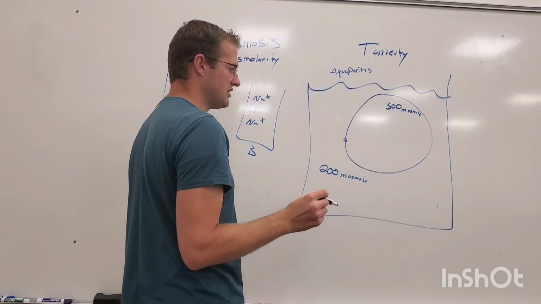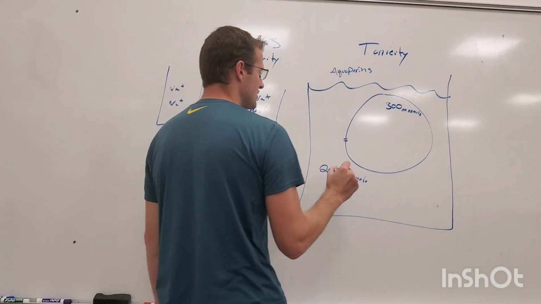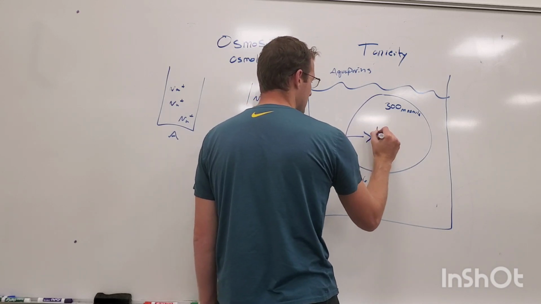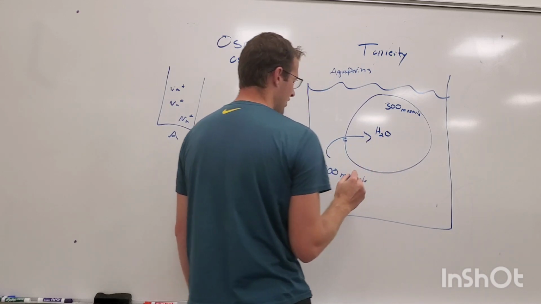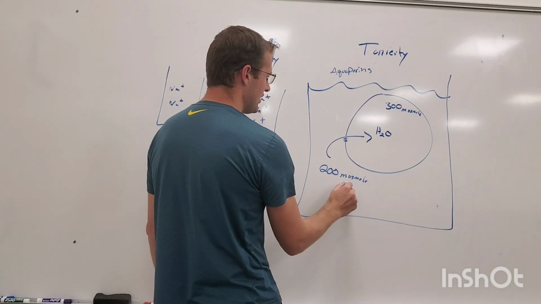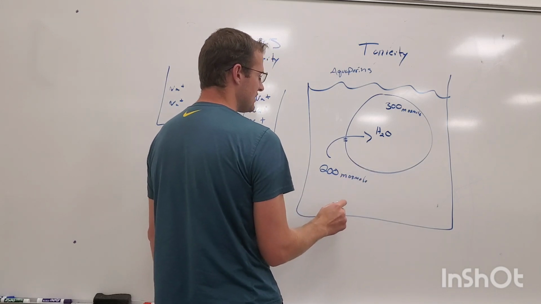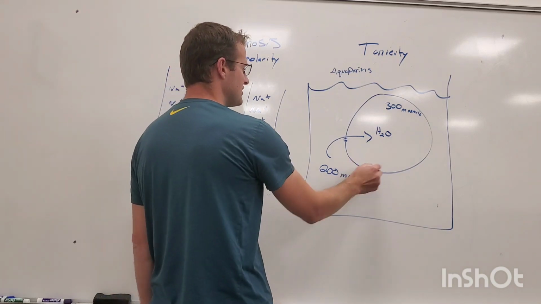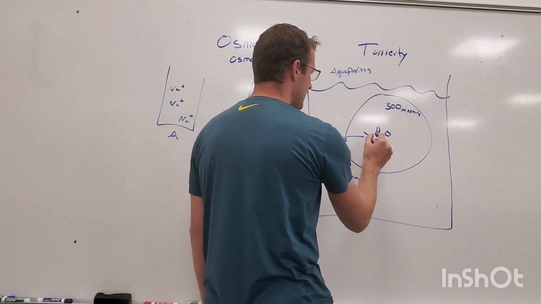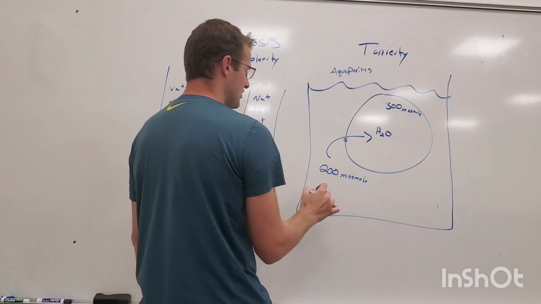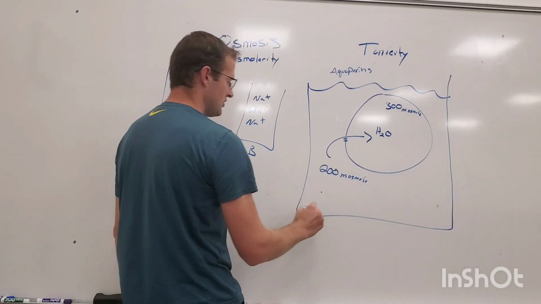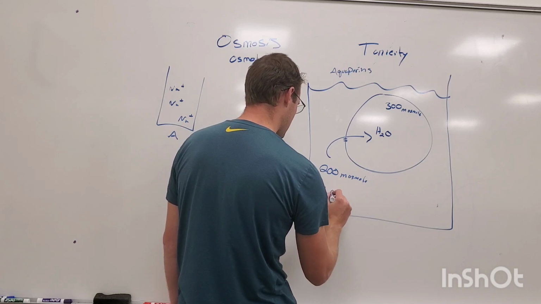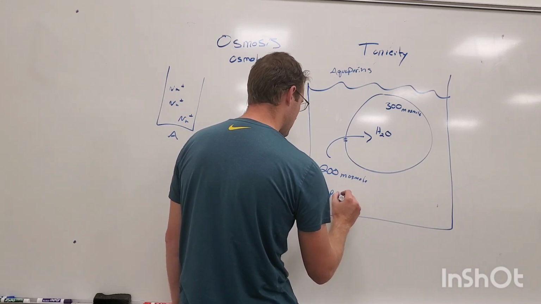So what is going to happen is water is going to want to go into the cell, to get these numbers to balance. Once these numbers balance, it will be at a resting state, but it does have an effect on the cell. This is going to cause the cell to swell. So we can term this solution hypotonic.